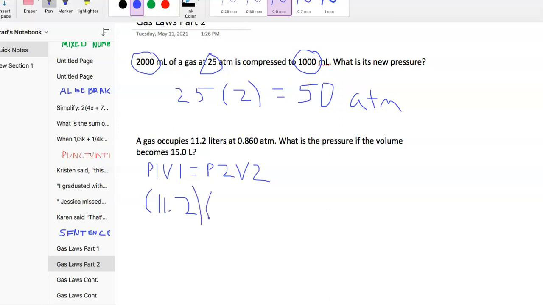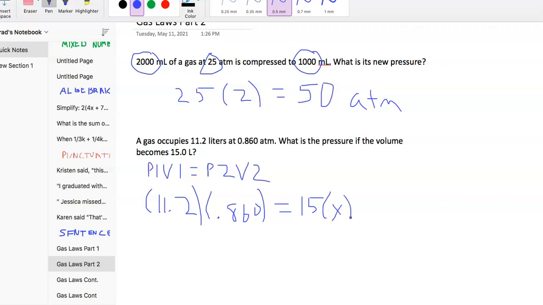We're just following that formula, so there's P1, V1, and then we want it to equal P2, V2. We know that we have 15 liters, but we don't have anything for the atm on the other one, so we'll just call that X.